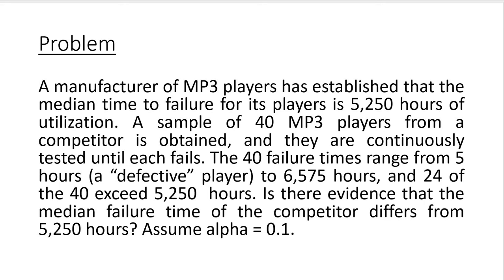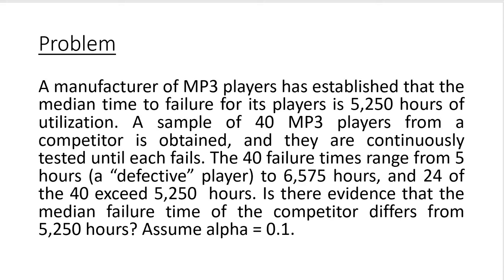The 40 failure times range from 5 hours to 6,575 hours, and 24 of the 40 exceed 5,250 hours. We have to figure out whether there is any evidence that the median failure time of the competitor differs from 5,250 hours. We assume that alpha is equal to 0.1.